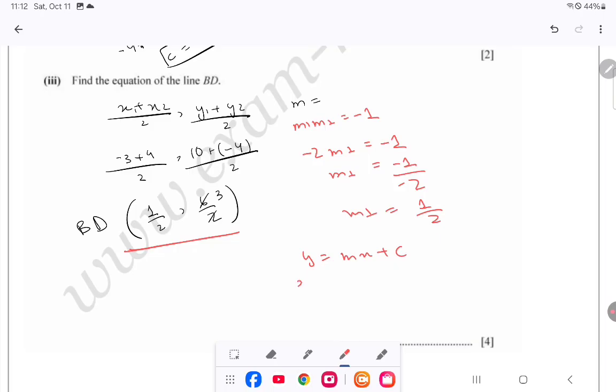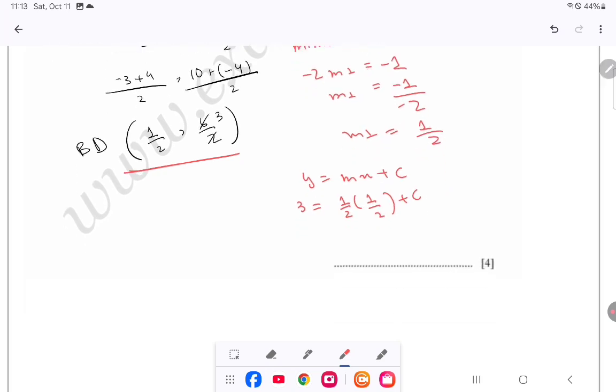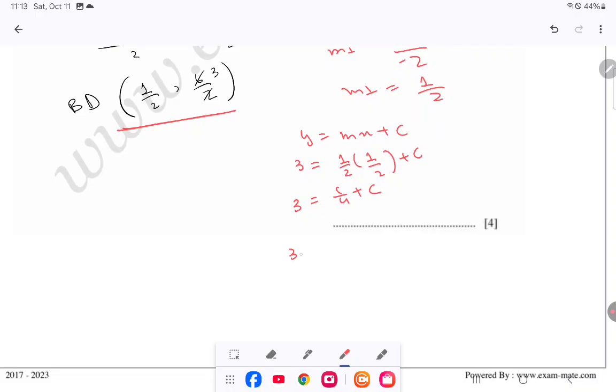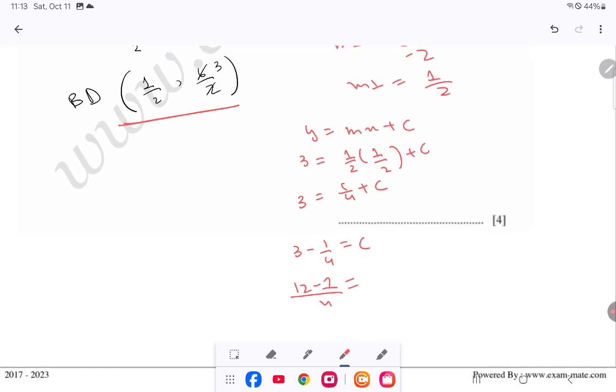Y is 3 is equal to m we just calculated 1 over 2, x is 1 over 2 plus c. 3 is equal to 1 over 4 plus c. Solve it further. Subtract 1 over 4 from both sides. 3 into 4 is 12, minus 1 over 4 is equal to c.